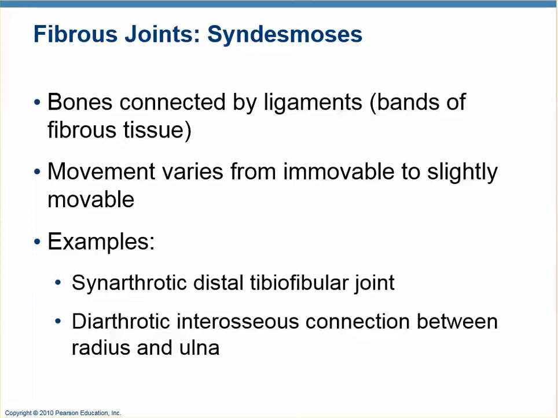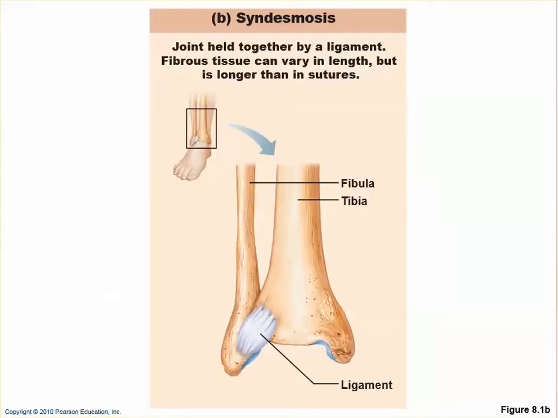It prevents the radius and ulna from pulling apart, but it's completely diarthrotic. They move freely. So this is an example of a syndesmosis. And you'll note that, so this is the medial malleolus, this is the lateral malleolus, and the talus bone sits right in here. And when you step down, it's going to want to push that out. So this ligament resists that tension.